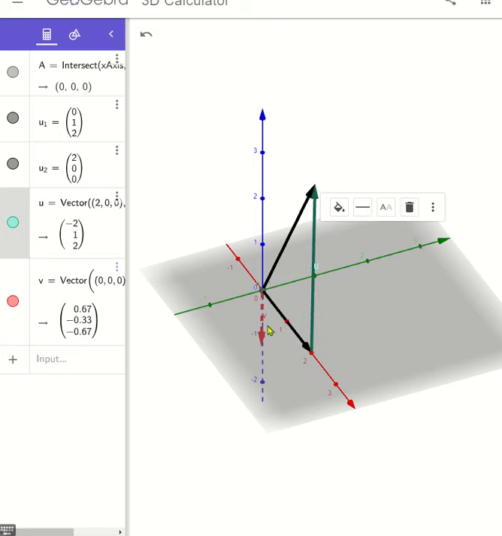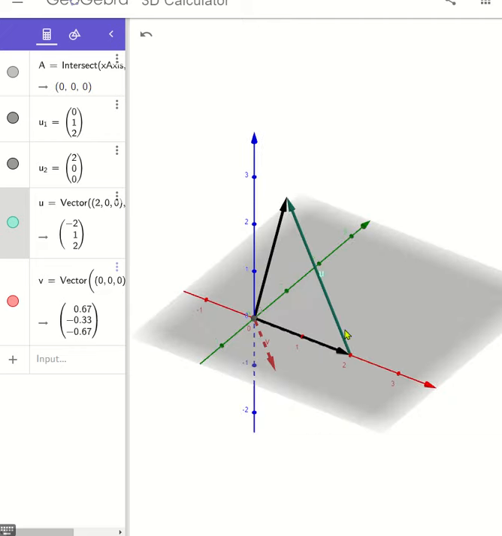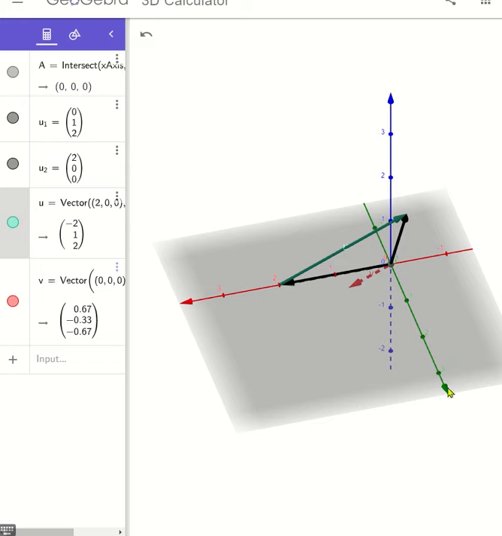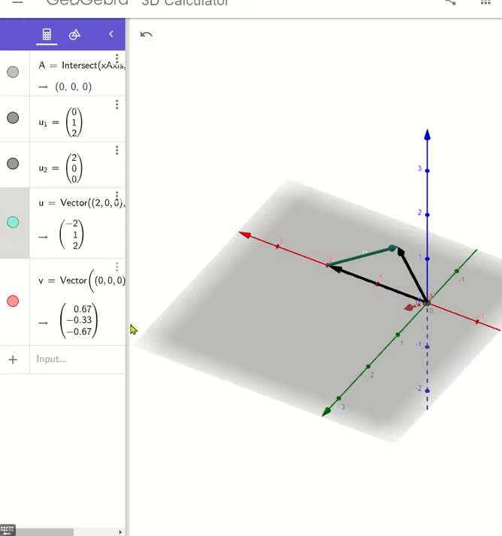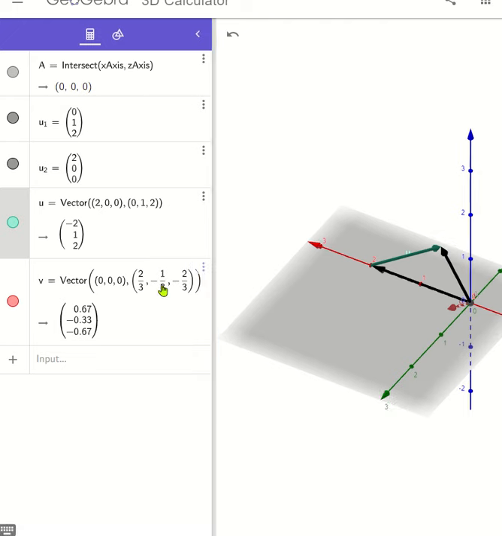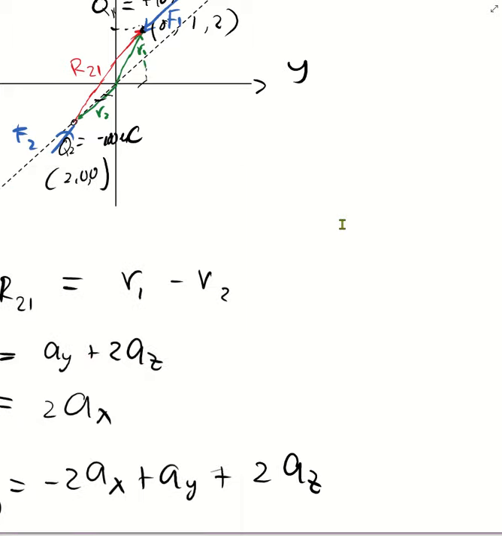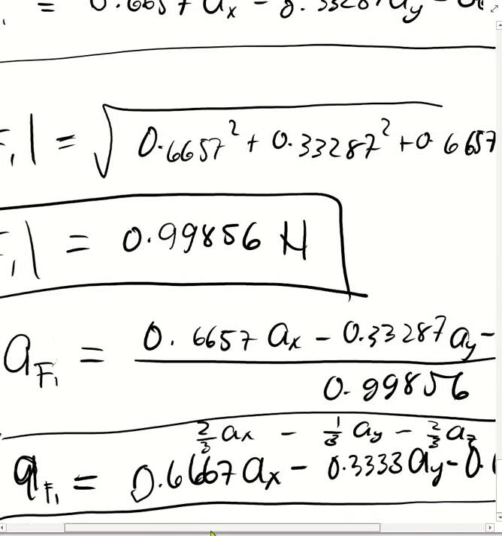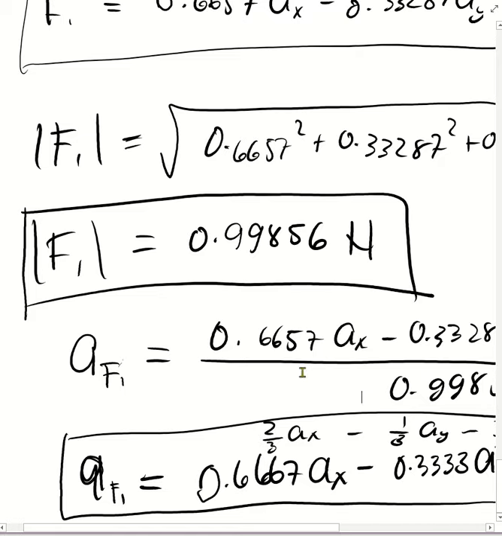It's the same as long as the direction is downwards, so it's toward Q2. So the unit vector that we get, 2/3, negative 1/3, and negative 2/3, is the correct direction for the force. And the magnitude that we get was around 0.99856, or around 1 Newton at point F1.